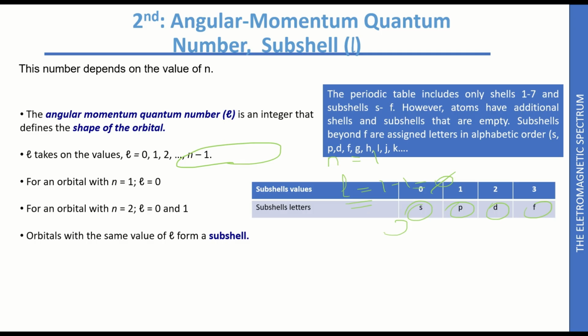Do we have more sublevels than this? Yes, we do. But for the elements that we know, those are the sublevels that are filled, but more can be filled. We also know that when electrons get excited, they jump from one level to a higher level of energy. So if you have electrons on the sublevel f and they get excited, they will jump to another sublevel further than this.